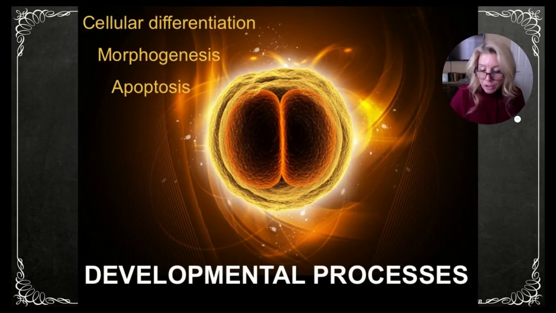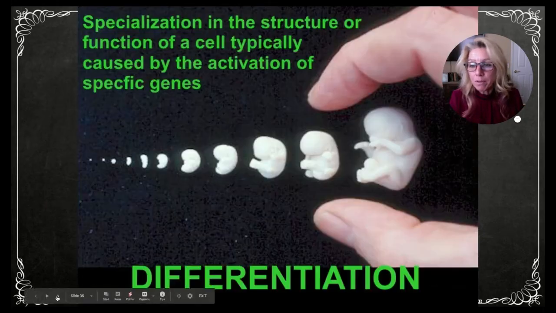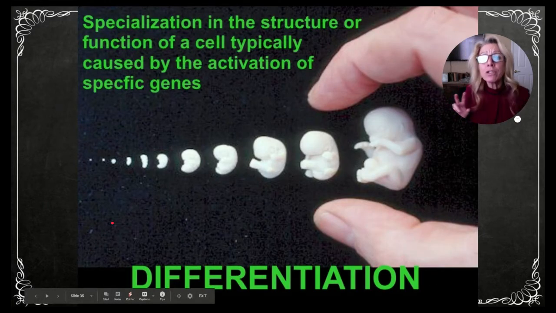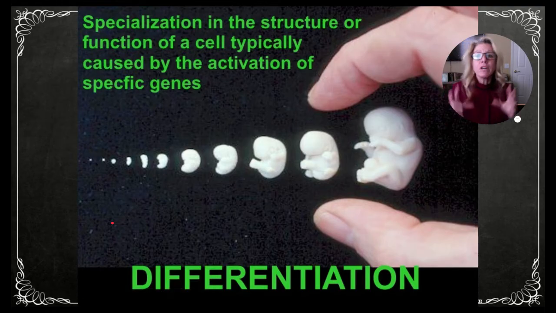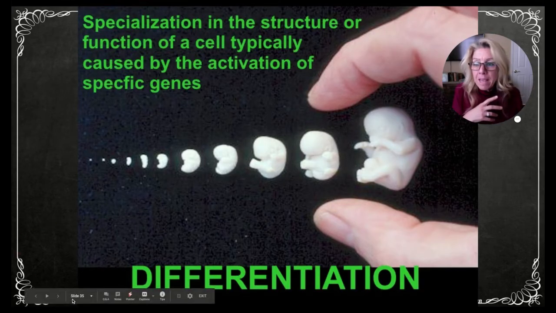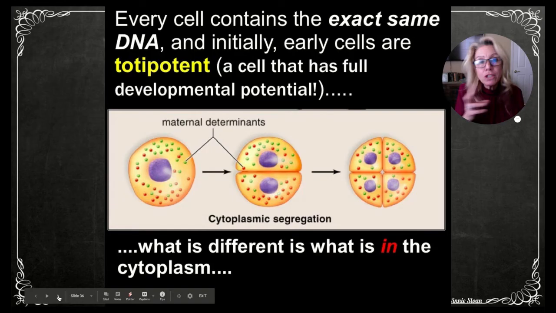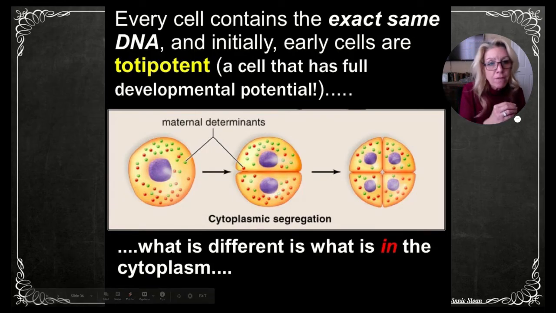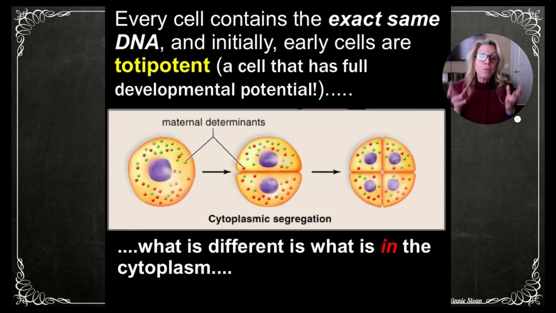Okay, so if you look at the rest of the notes, these are the last three things we need to go over. So specialization in the structure or function of a cell typically is caused by activation of specific genes. So some genes are turned on, others are not turned on. Now, that process of which genes are turned on or off has to do, remember, in my class, we've already discussed gene expression.